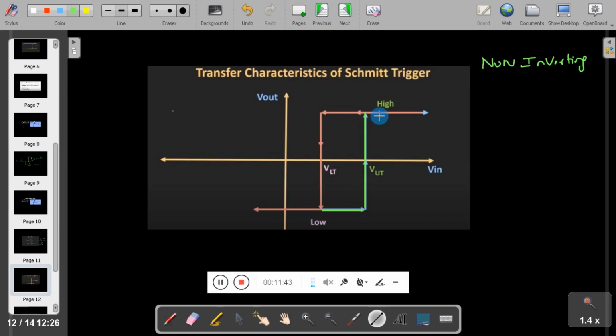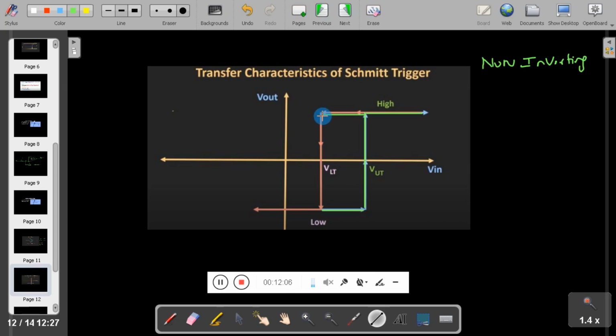positive. And when the input crosses the upper threshold point and increases above it, the output remains high. When the input decreases below the upper threshold point, the output remains high till the input decreases below the lower threshold point.